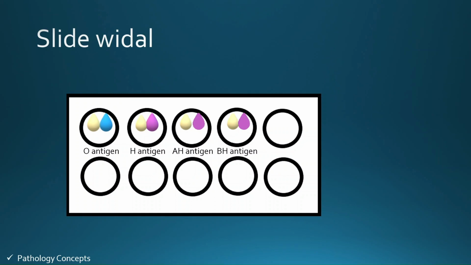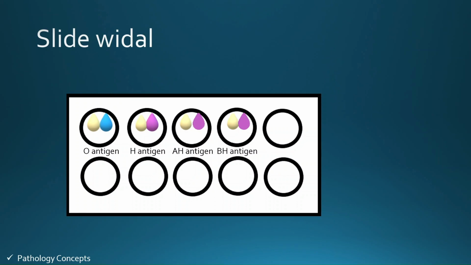For the slide Widal, we have to add 1 drop of serum and 1 drop of antigen in each circle on the slide. So in the first circle, we have to add 1 drop of serum and 1 drop of O antigen. In the second circle, we have to add 1 drop of serum and 1 drop of H antigen.